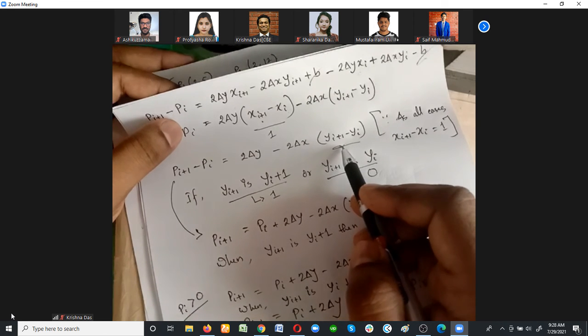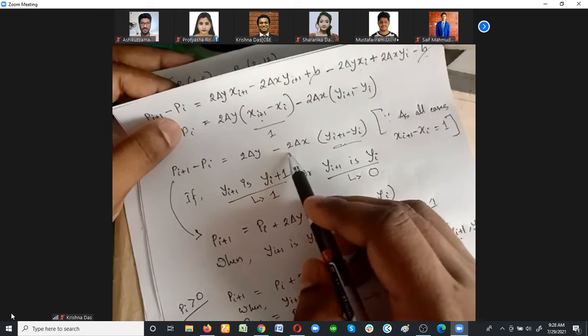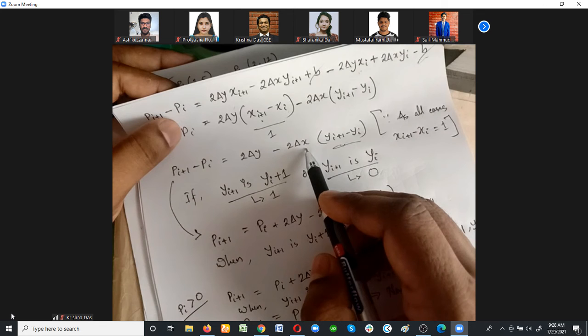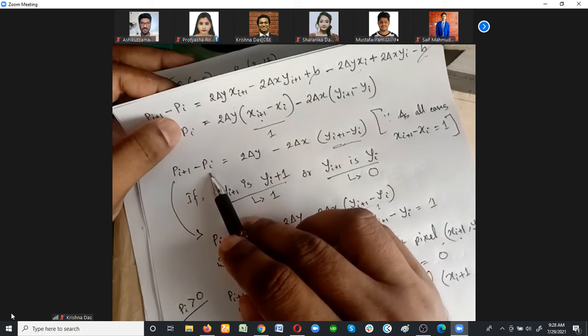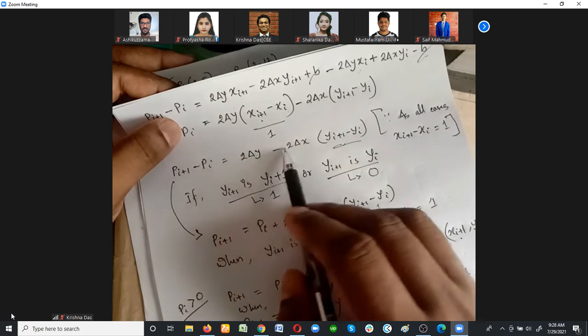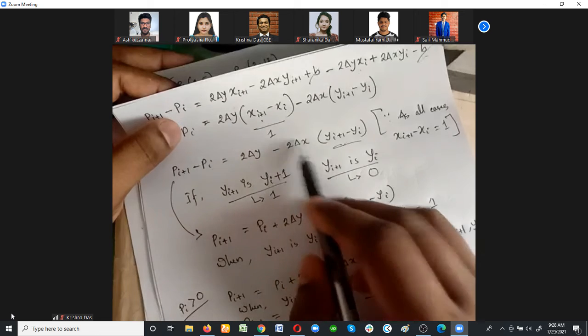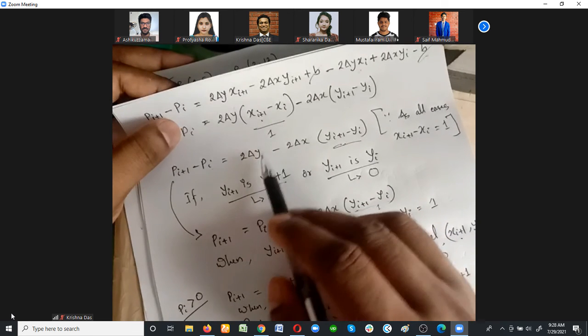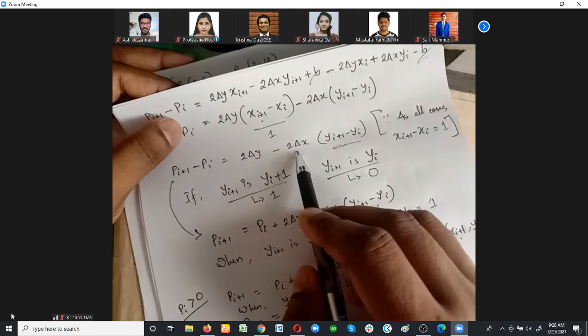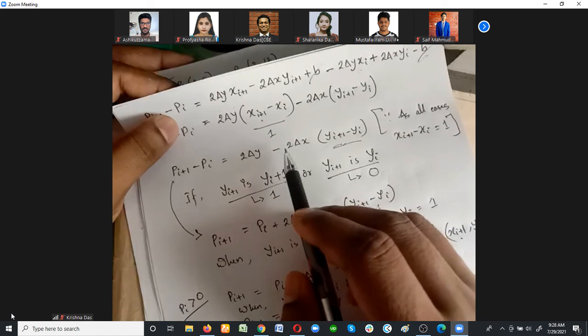If it is 1, then you get some value 2 del x, and usually the value of pi will have an impact here, because these are constant. Do you understand? These are constant. It is not changing for anyone from the beginning.